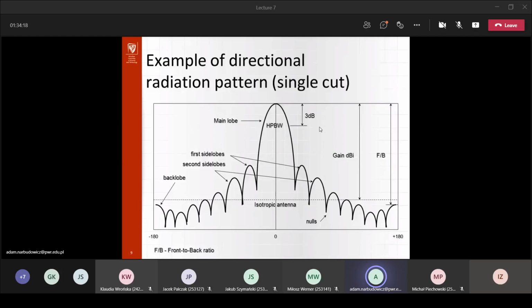Similarly to the term used for bandwidth, we have the half power beam width, not bandwidth but beam width, because we're referring to a spatial beam. It is typically referred to 3 decibels below the maximum level, so it is the difference between the two angles where the radiation pattern drops 3 decibels below the maximum.